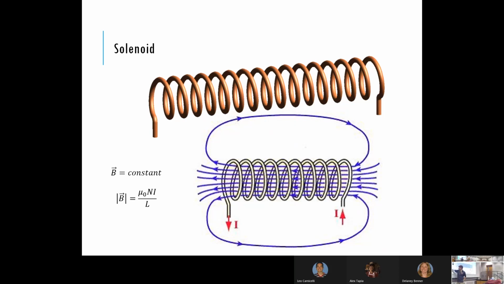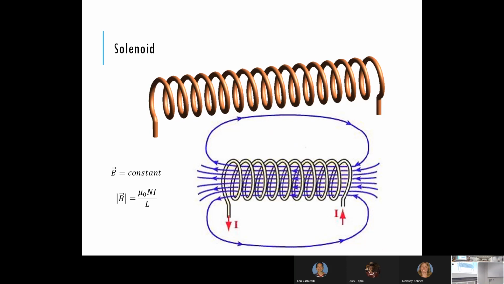So the number of loops and the length of the solenoid will dictate how strong the magnetic field is. Of course, you also have I, the current that you run through. But N over L. Now, sometimes it depends. When you run across this, sometimes you'll be told the number of loops and the length of the solenoid. Sometimes, rather than the number of loops and the length, you might be given what's called the turn density, the number of turns per unit length.